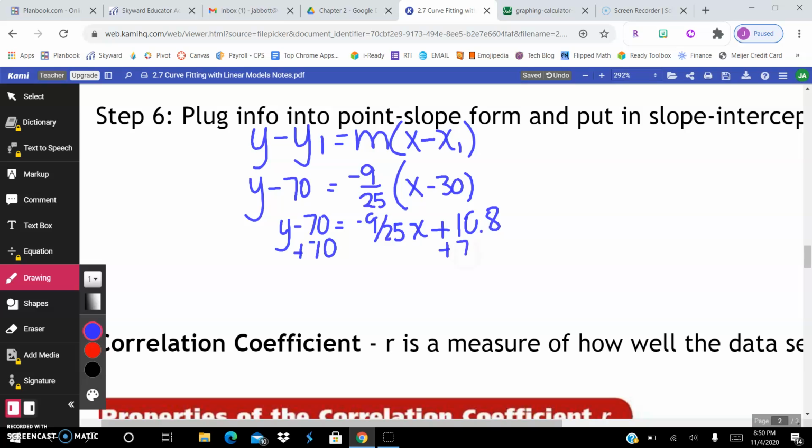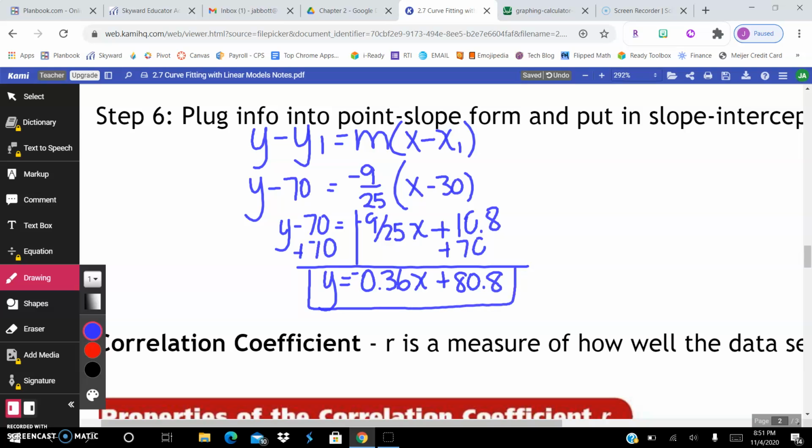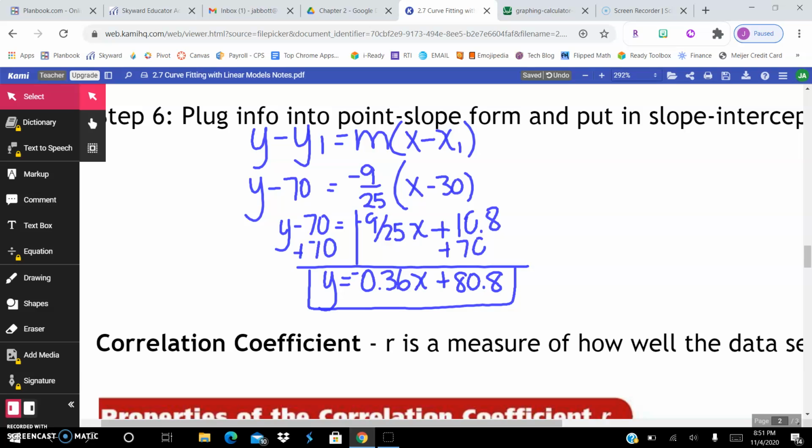So we have y equals negative 9/25. Since that 10.8 is in decimal form, I'm going to write this in decimal form. It's negative 0.36x, and this would be 80.8. So that is the formula for our line of best fit on this graph.